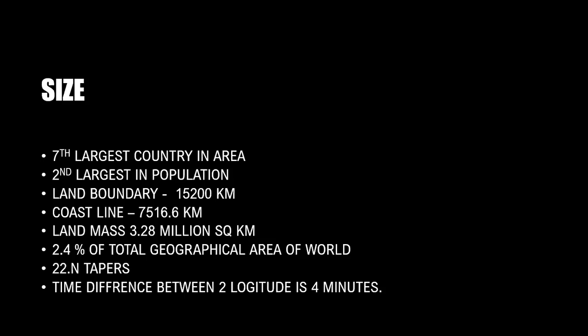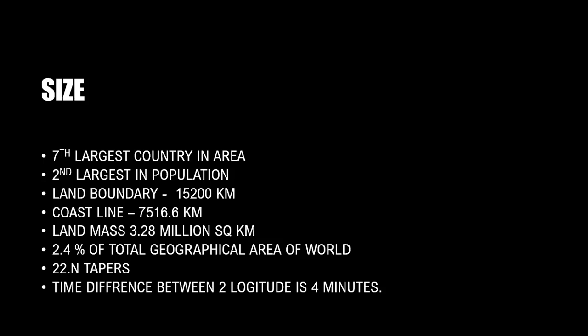So questions can be asked over here. Give reasons can also be asked, that why is there a time lag between two states? And they can also ask you to justify the 4 minutes. How can you justify that the difference between two longitudes is 4 minutes? For that, the Earth takes one rotation in 24 hours, and there are 360 longitudes.